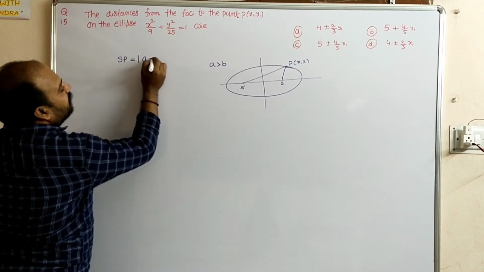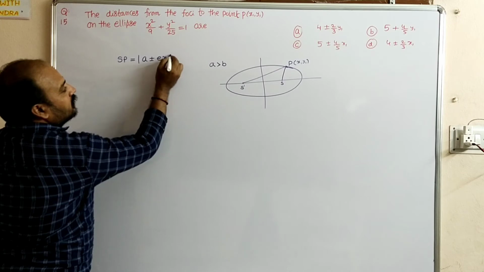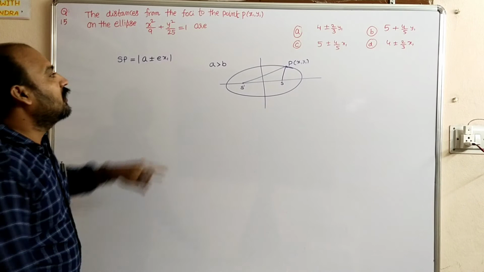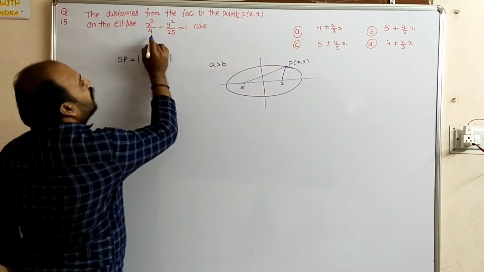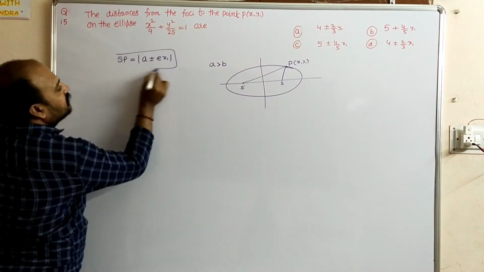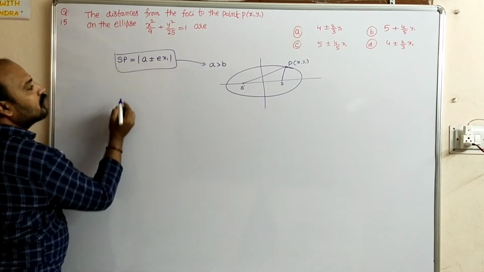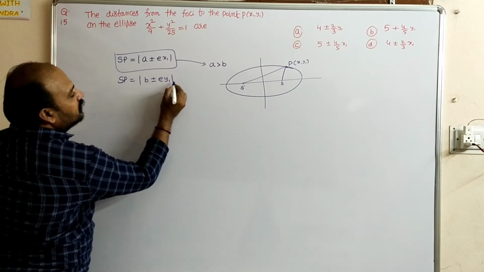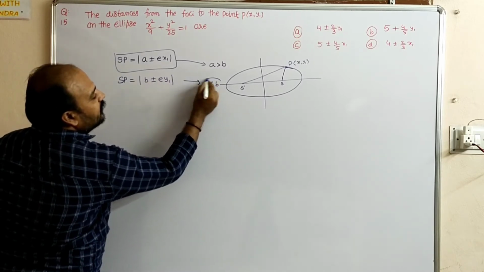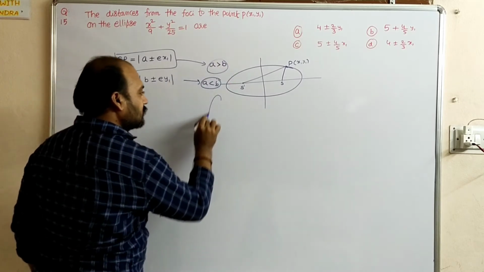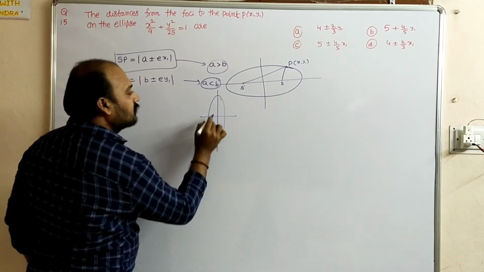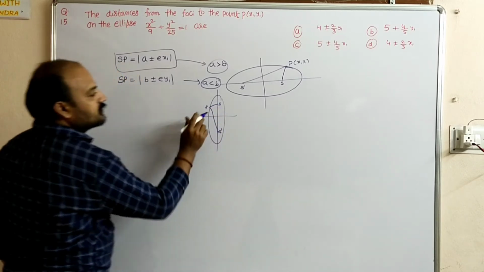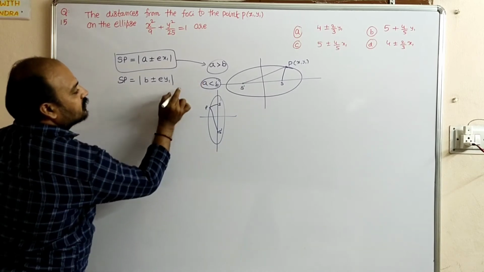So A plus or minus EX1, this is the formula for focal distance when A is greater than B. Now come to the question, compare this equation with SP equal to B plus or minus E into Y1 when A is less than B. The figure will come like this. Here is the point, and this is S dash.